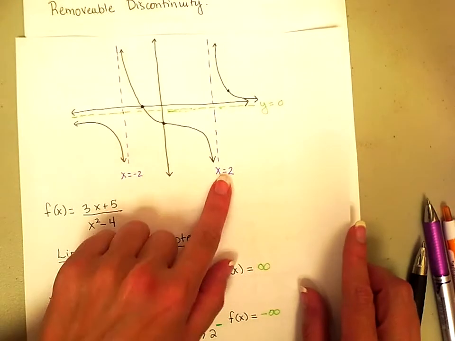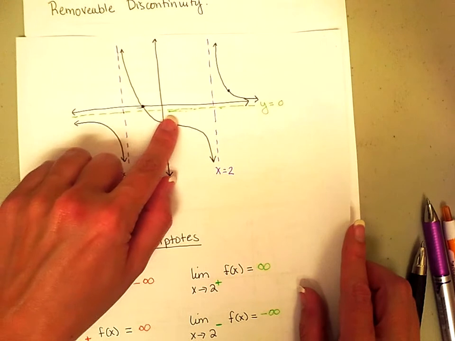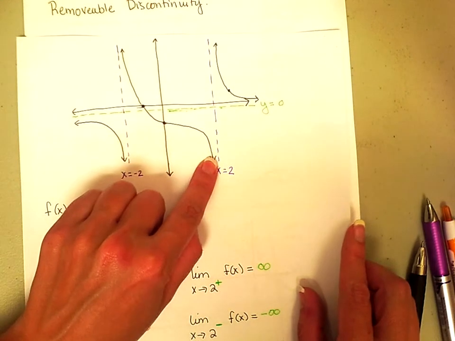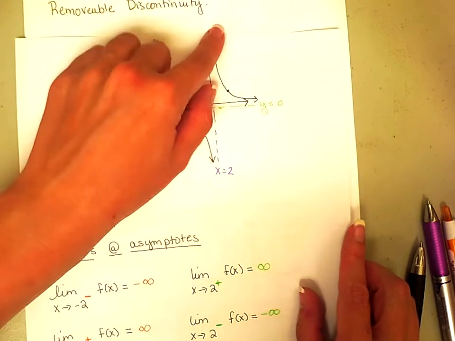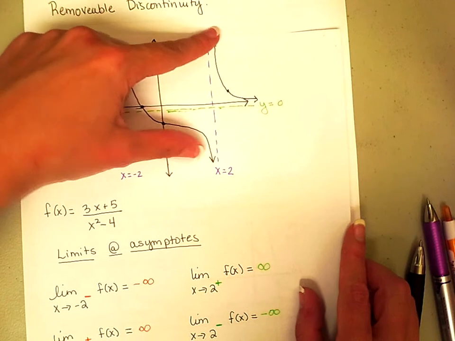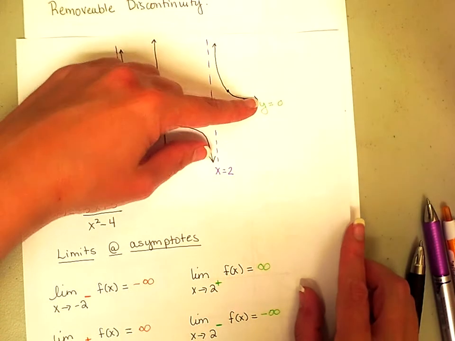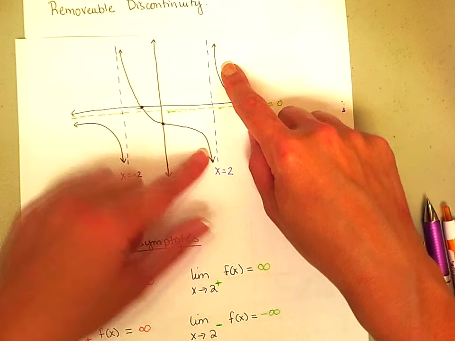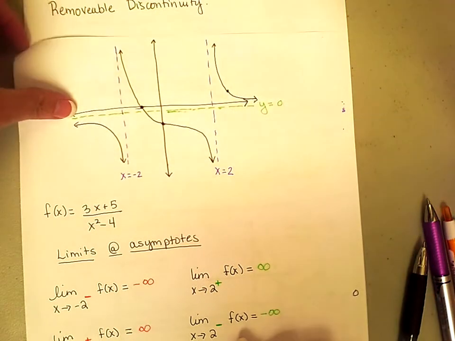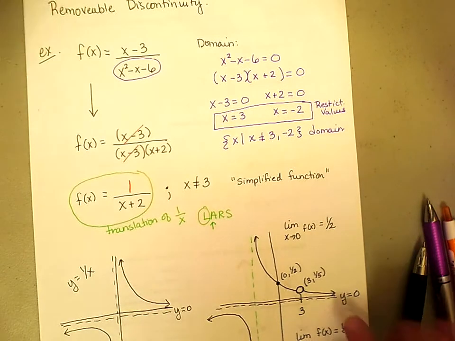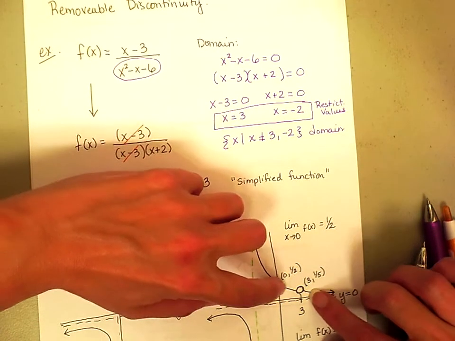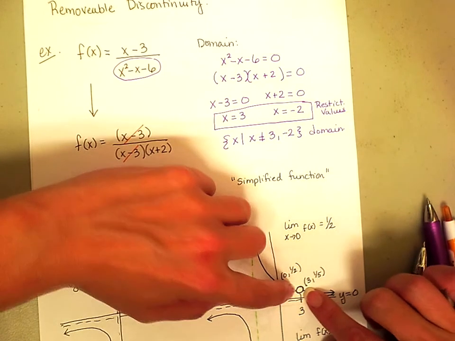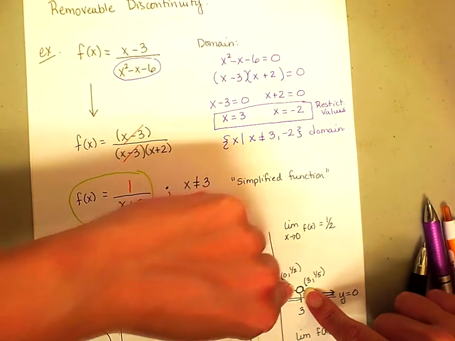Versus, say, here, where we have a discontinuity at 2, I would have to jump up and be at completely opposite ends before we move on. So the left and right hand limits do not agree here. In a removable discontinuity, the left and right hand limits approach the same value.